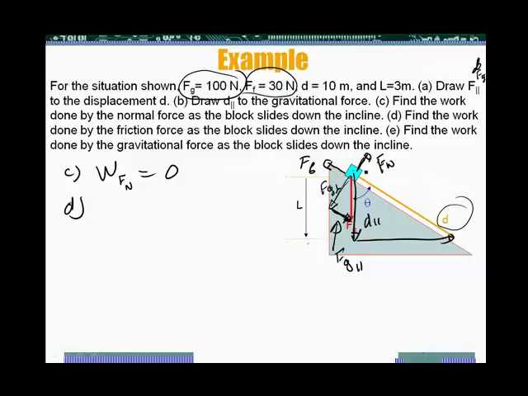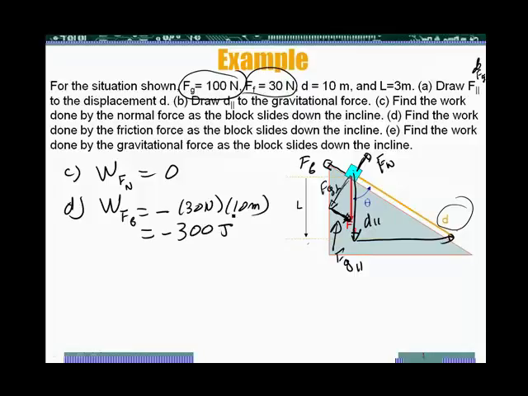This is the direction of my displacement. They are opposite in direction, so the work due to friction is negative: minus 30 newtons times 10 meters. So in this case, that would be minus 300 joules.